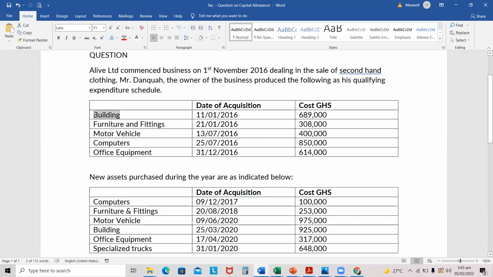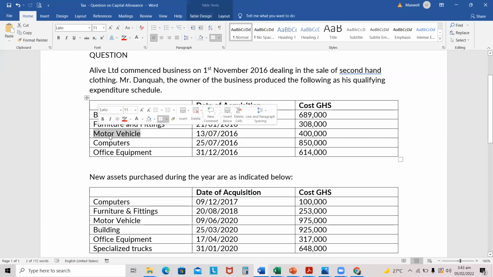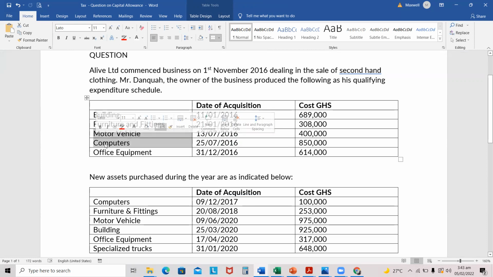Building is class 5, furniture and fittings is class 3. Motor vehicle is class 2. Computer equipment is class 1. Office equipment is class 3.